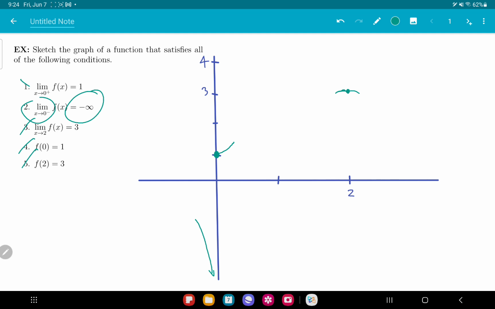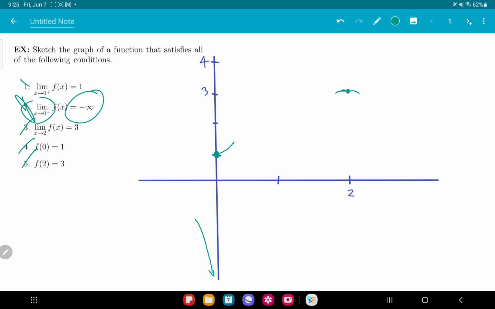I put a little arrow to indicate. And just the way I've drawn it, it's meant to indicate that this chunk of the function is just getting closer and closer to the y-axis here. And this chunk satisfies this last condition here.